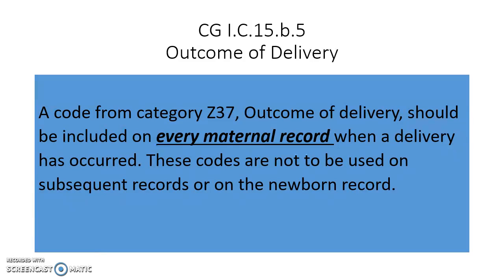Our last scenario had an outcome of delivery code, and that is guideline 15b5. A code from category Z37, outcome of delivery, should be included on every maternal record when a delivery has occurred. These codes are not to be used on subsequent records or on the newborn record.